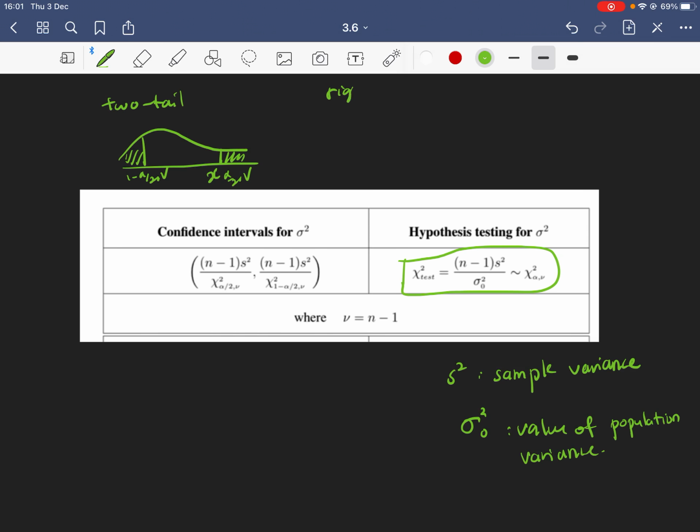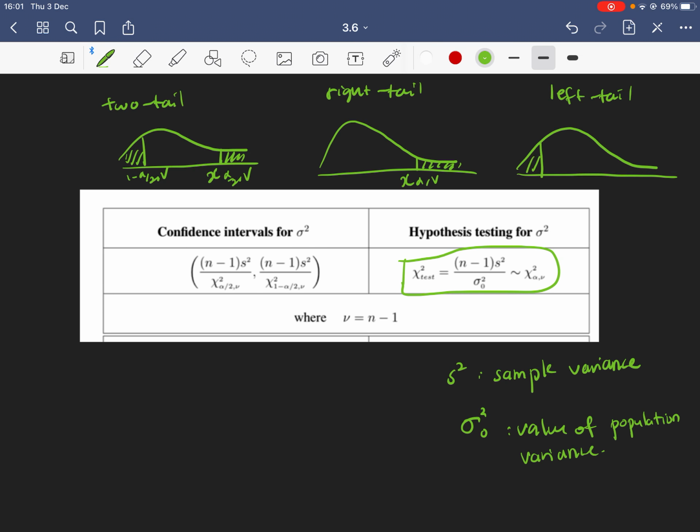If it is a right tail, shaded region at the right, it is chi-square alpha, nu. If it is a left tail, shaded region at the left, chi-square 1 minus alpha, nu.